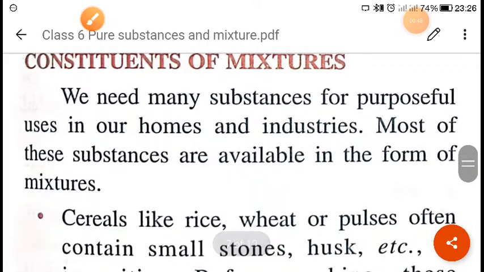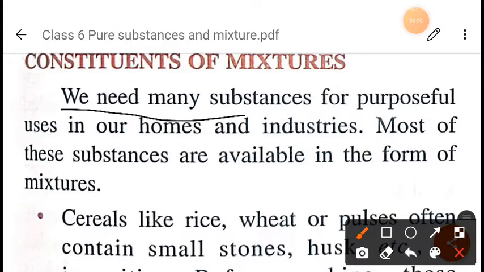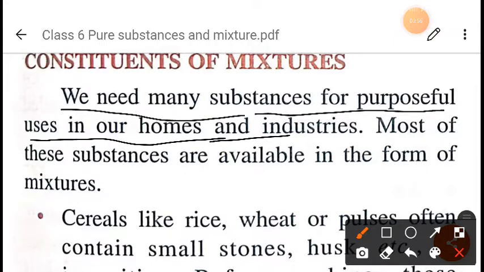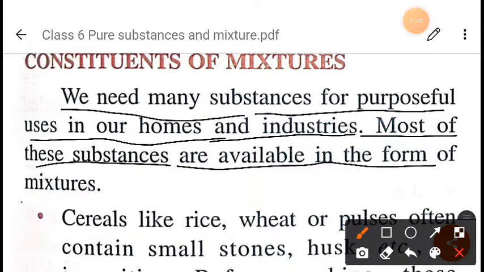First of all, we need many substances for purposeful use in our homes and industries, and most of these substances are available in the form of a mixture.